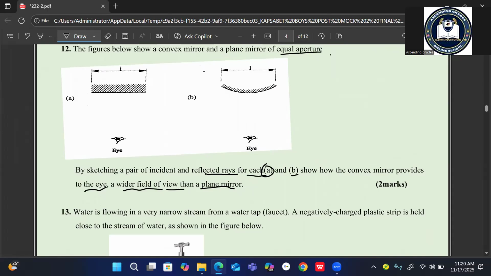So we are going to start with the reflected rays. It is advisable to start with the reflected rays.